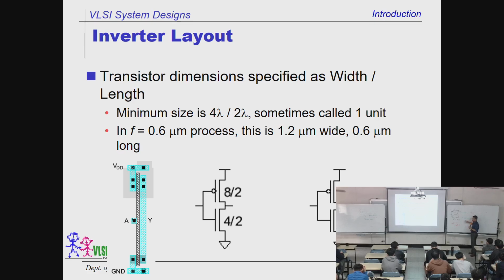Because this guy is slower, you have to increase the size of this one so that we can have a bigger current. Because the speed of charging and discharging is proportional to the magnitude of the current. Understood? The speed is proportional to the current.